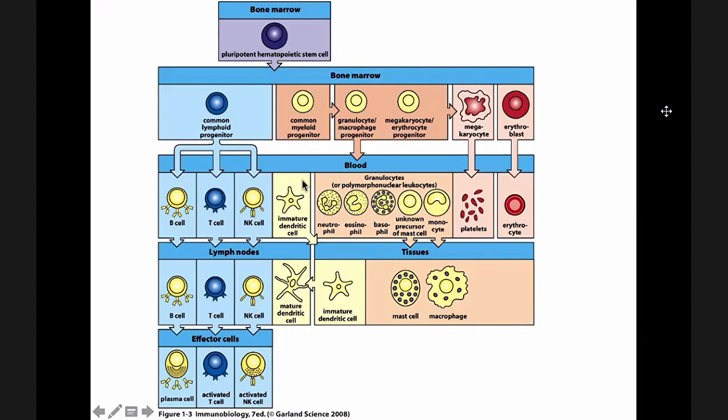One more cell, which is very critical, and we did discuss a little bit about this, is dendritic cells. Initially, these are immature, but once these immature cells sense the presence of antigens, they become mature dendritic cells. And by maturation, I mean they start altering their morphology.